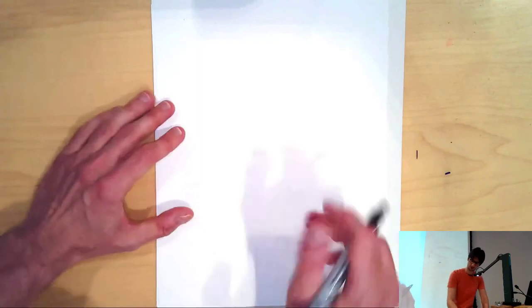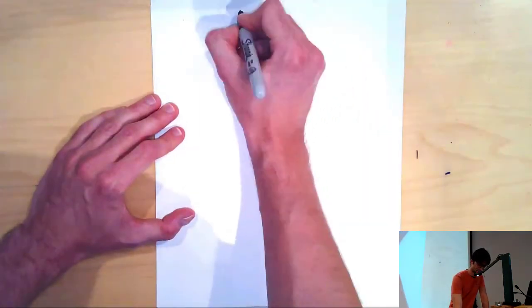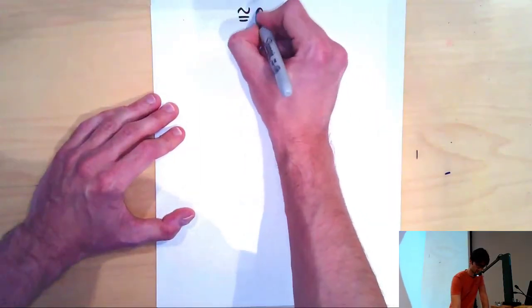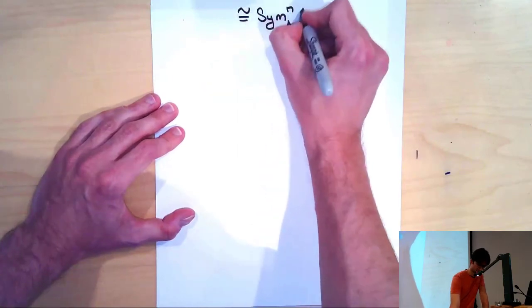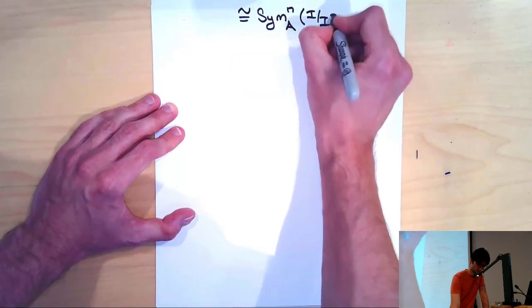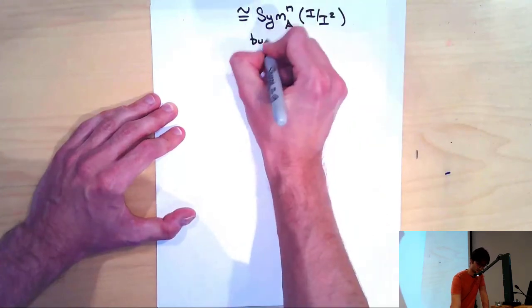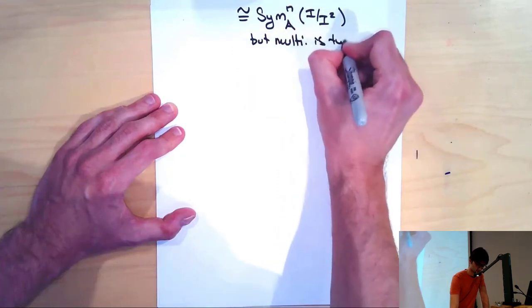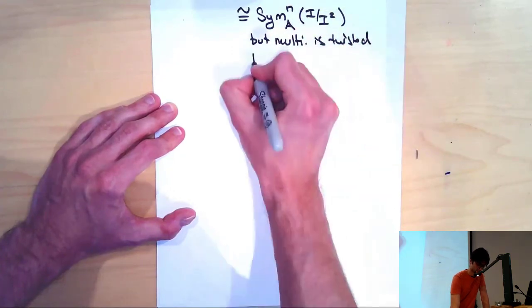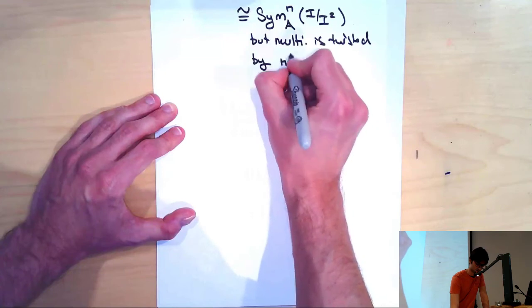So as a module, this divided power is in fact, since this is a free module, just looking like the nth symmetric power of I mod I squared. But multiplication is twisted by, so let me write this down and then explain a bit.